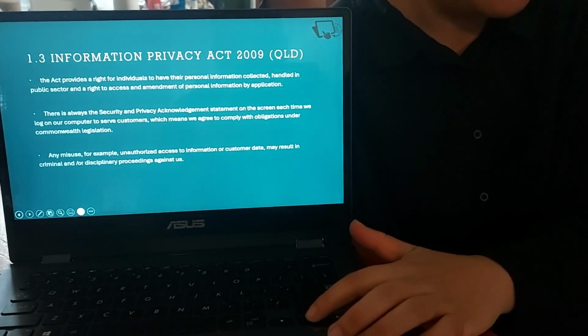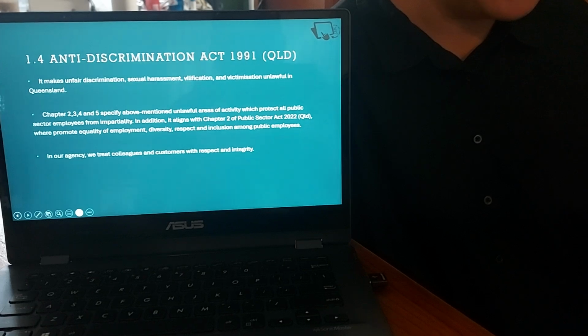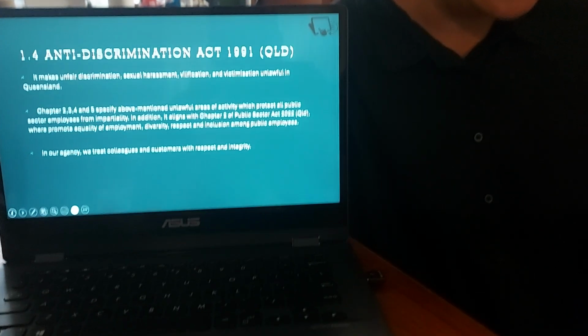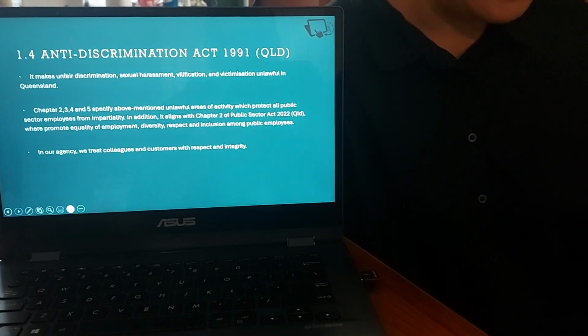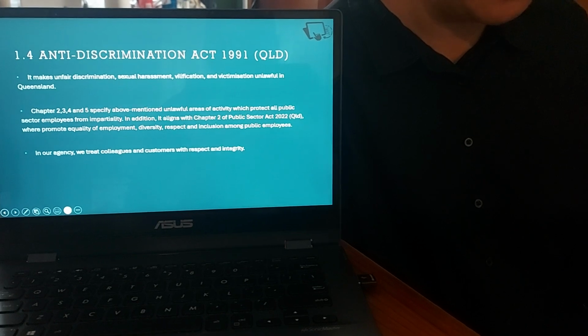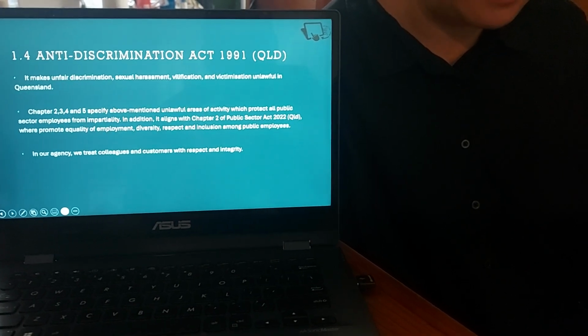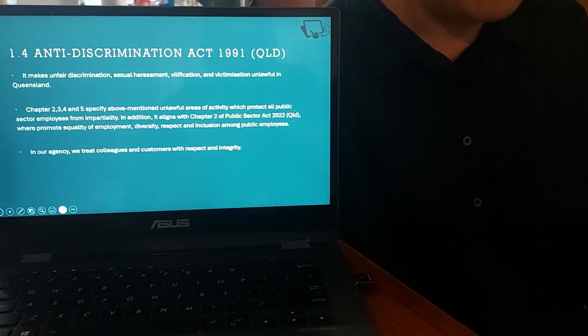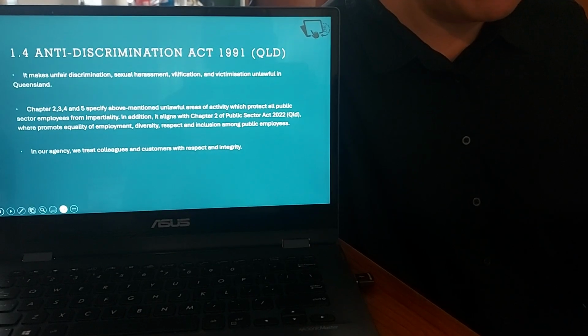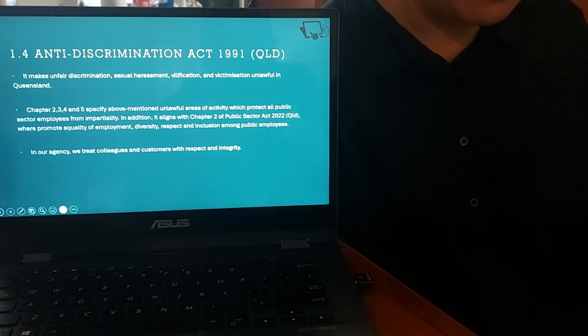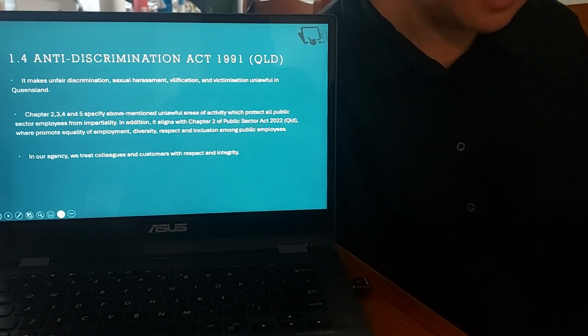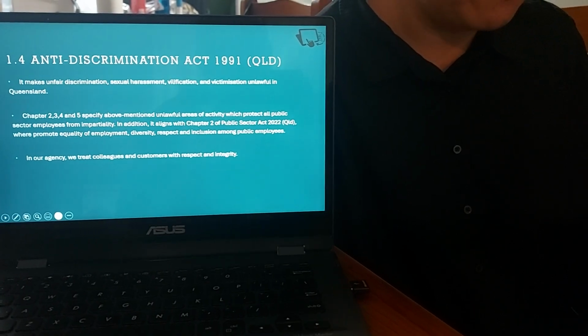Okay, let's move to the next one, the Anti-Discrimination Act 1991, Queensland. It makes unfair discrimination, sexual harassment, vilification and victimization unlawful in Queensland.